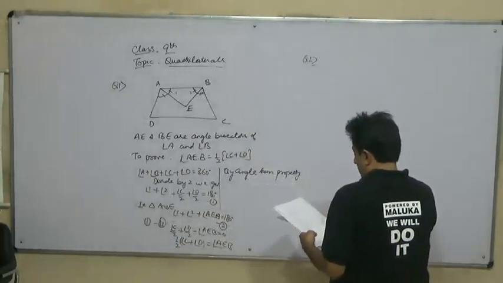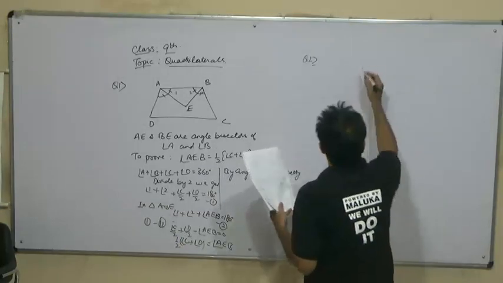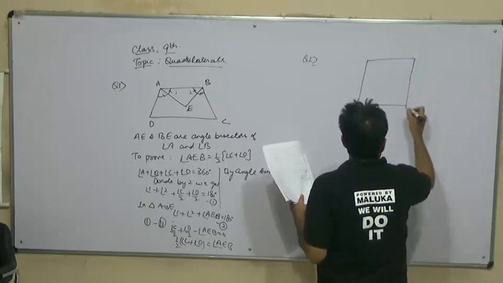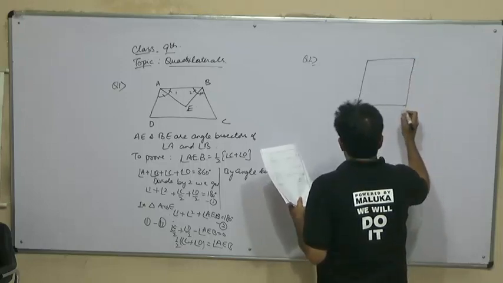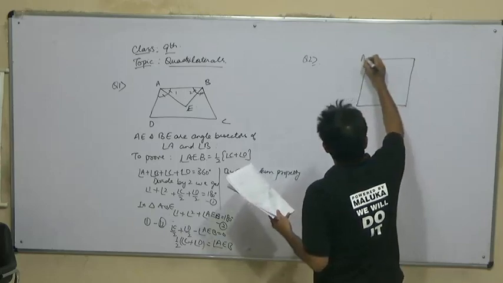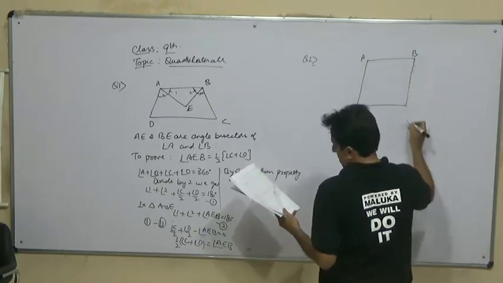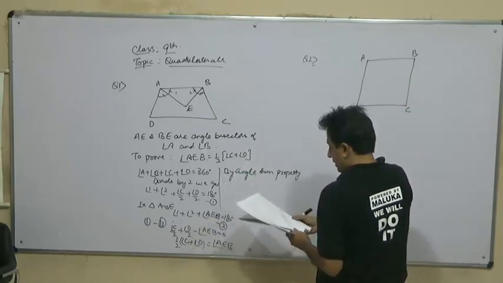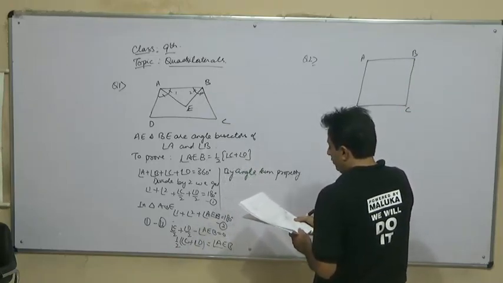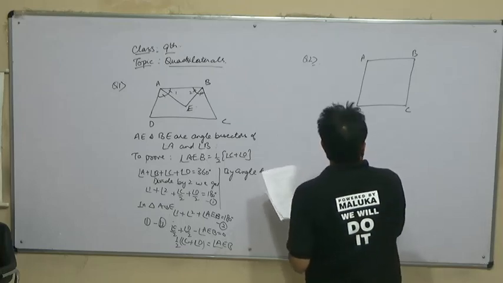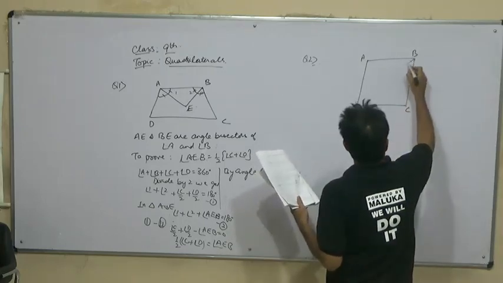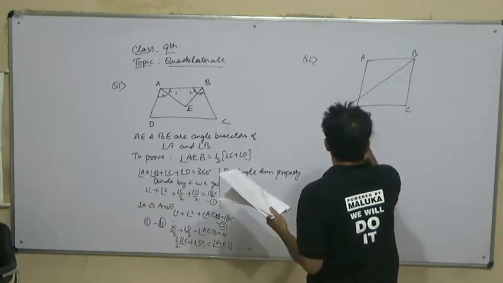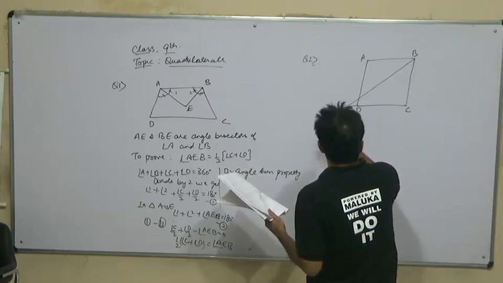In the figure we are given A, B, C and D. Then we have the bisectors of angle B and angle D. That is, the bisector of angle B meets CD produced at P. Let this be P here.